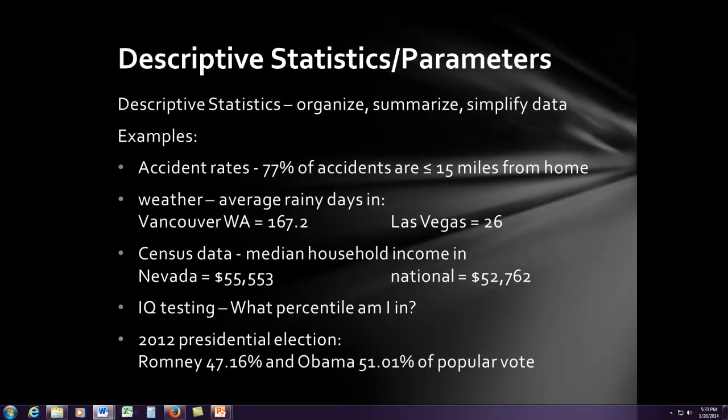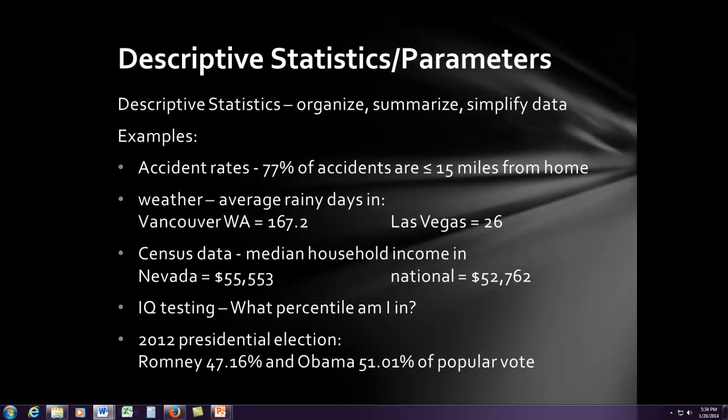Now, something that I want to point out is where statistics can be kind of misleading. You may say, oh my goodness, well, most people just really drive recklessly when they're close to home. That's crazy. That many accidents coming from that close to home? Well, you have to think about how the data are collected. It's not that people drive more recklessly when they're close to home.